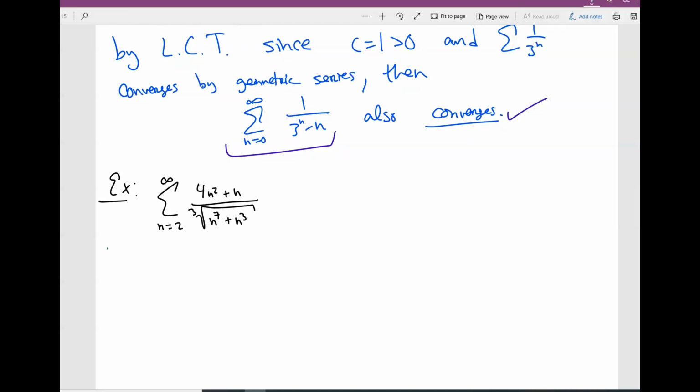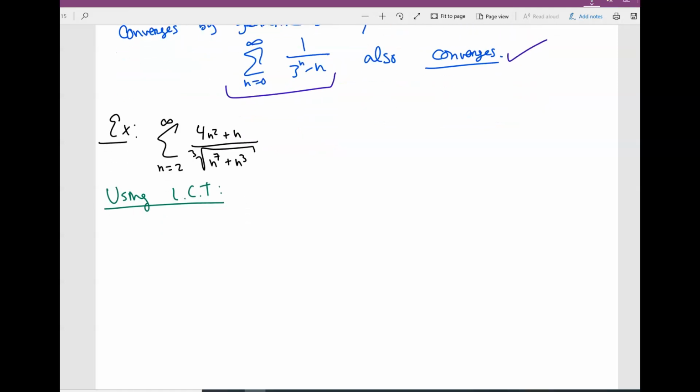So using the limit comparison test, we're going to try to compare this with another function. So we have 4n squared plus n divided by the cubed root of n to the 7th plus n cubed.